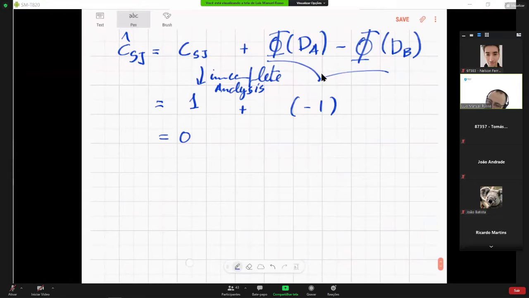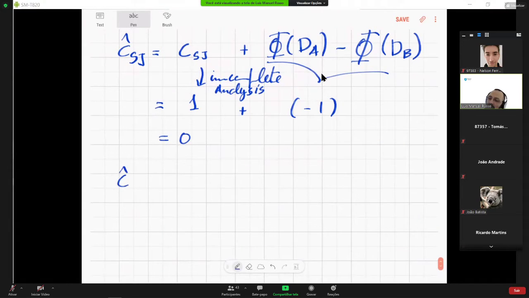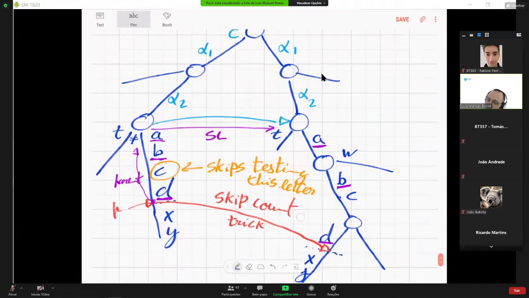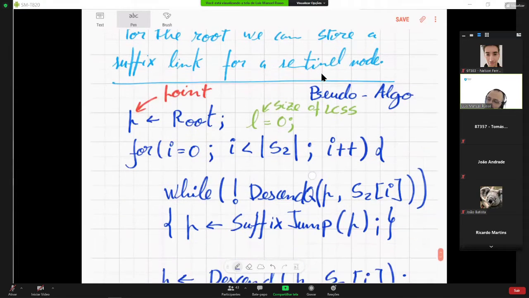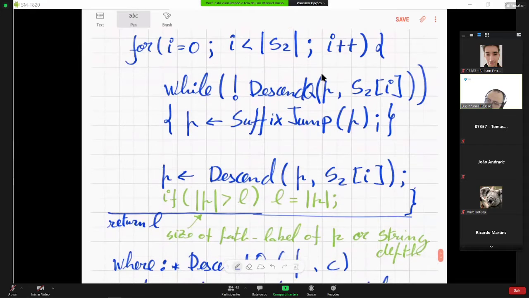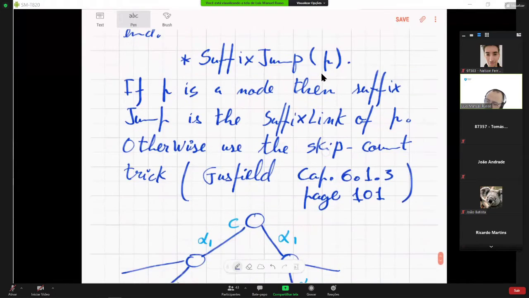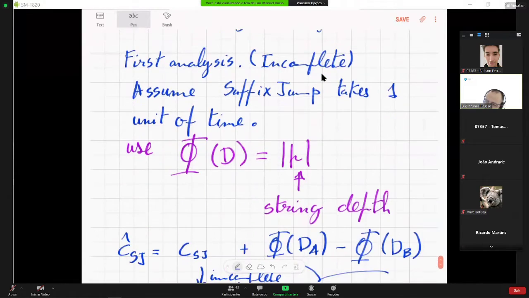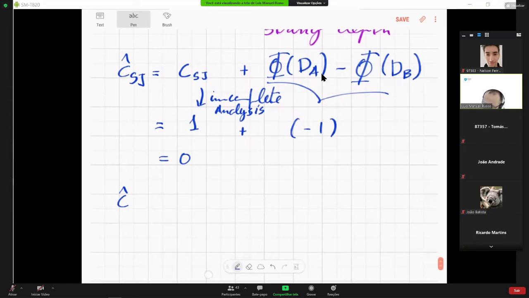Let's see if we can amortize the while cycle. What happens for that while cycle?